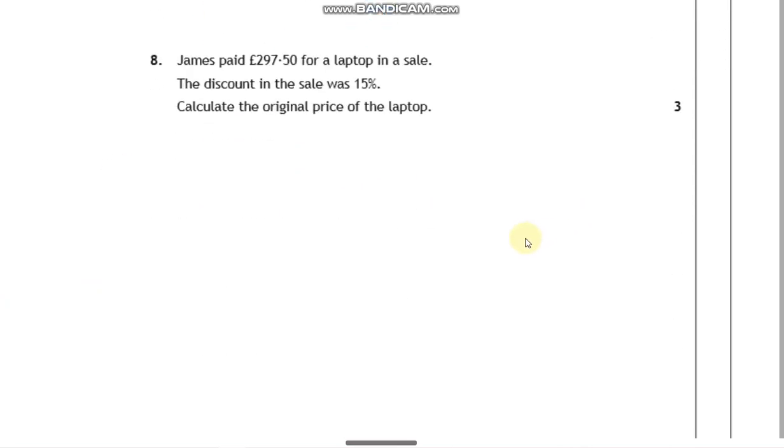Let's probably manage this as well. Original price. So the first thing you're saying is 297.50 is equal to what? Well, it was 100%, but the discount in the sale was 15%, so it's now 85%, isn't it? It was 100, it's been reduced by 15, so that's 85. So what we do with our calculator is find 1% and then find 100%.